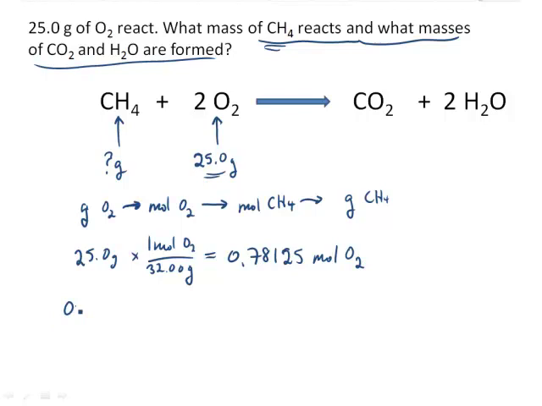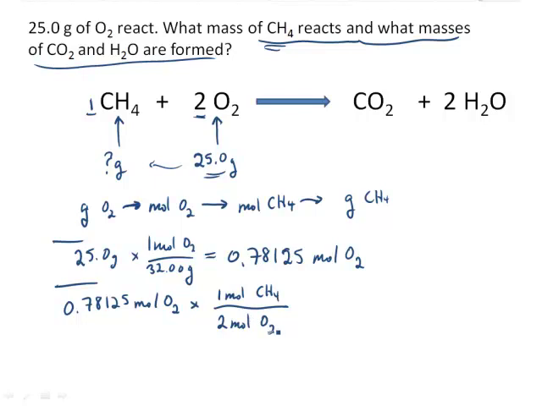Now, 0.78125 moles of O2 I can use to convert to moles of CH4. I do that by the fact that there's 2 O2s for every 1 CH4 reacting. So there's 1 mole of CH4 reacting for every 2 moles of O2 reacting.